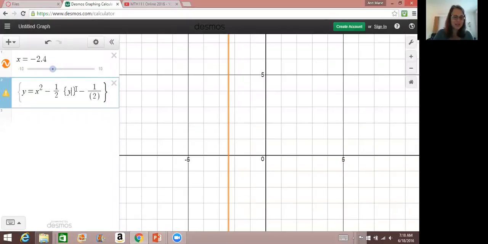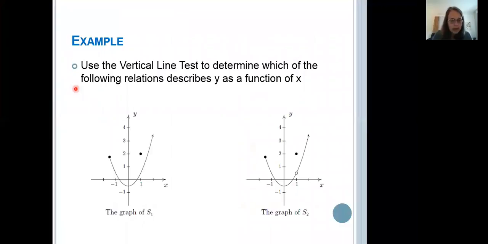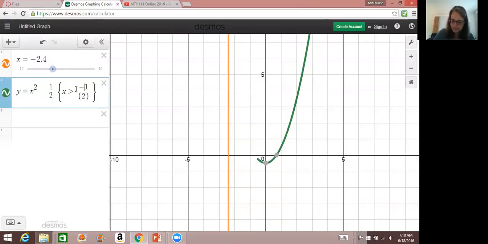Give me a sec. I gotta remember Desmos's language. There we go. Let's try this. Ha, okay. And we got a couple of points to put on there.